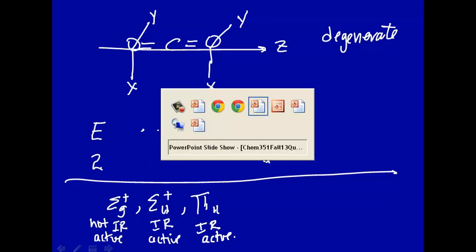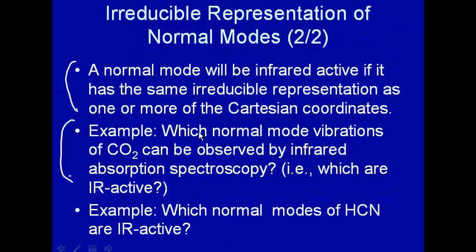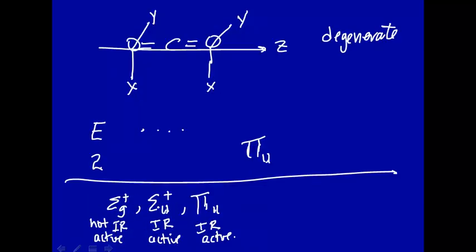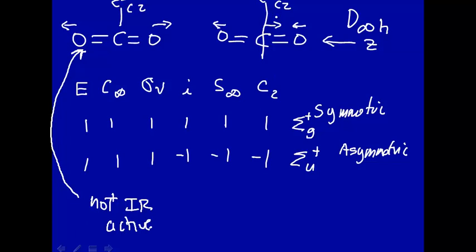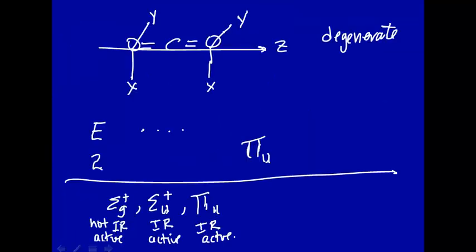So finally, going back to our question, which normal mode vibrations can be observed by infrared absorption spectroscopy, which are IR active? Using these symmetry arguments, we find that except for the totally symmetric vibration, which is not IR active, this one is the asymmetric stretch, as is this degenerate XY motion here.